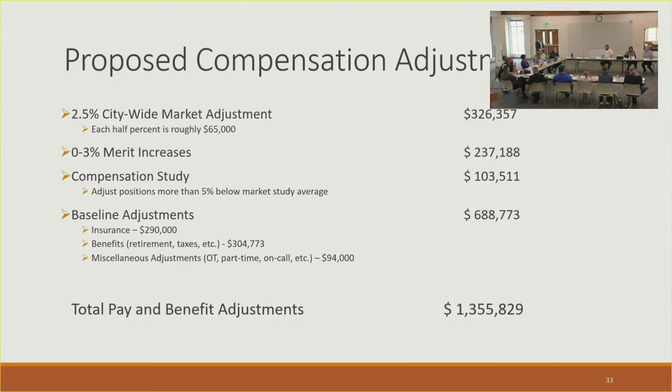We could bring everybody that's at 5 up to 3, and we would change our rule to 3, and then maybe next year we could change it to 0. It's 65,000 for 0.5%.